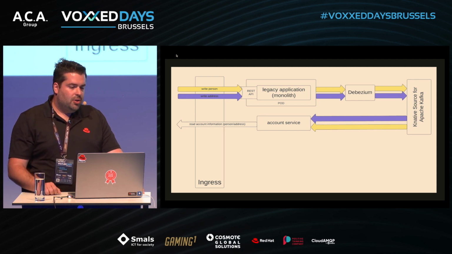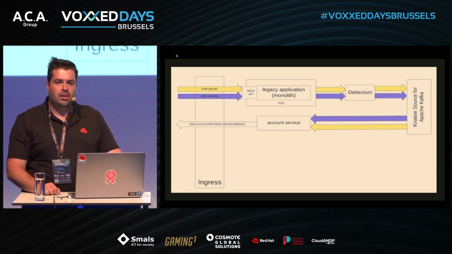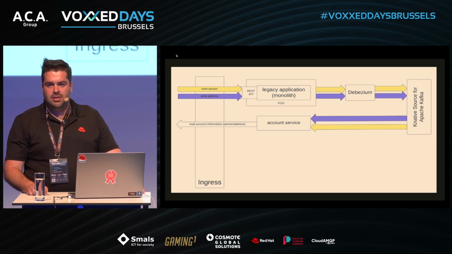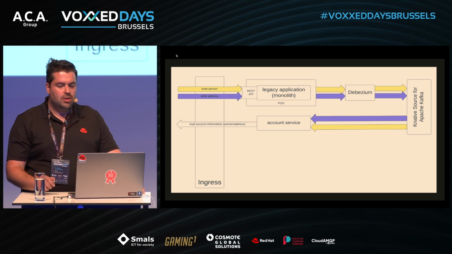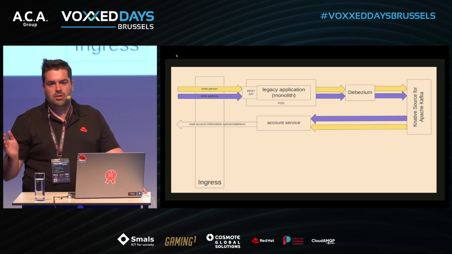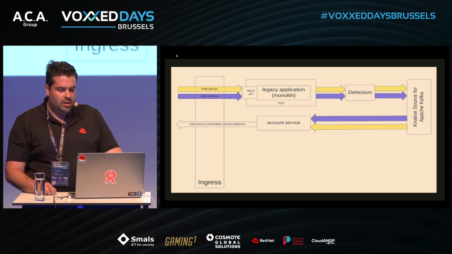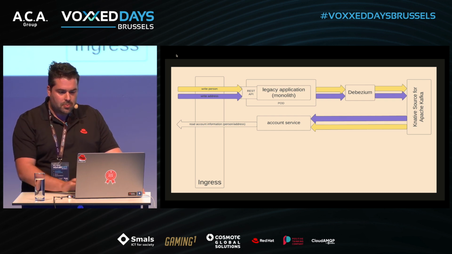The writes of person and address data are still coming in on the monolith, the legacy application, so we need to bring the databases in sync. For this, we will use decomposition, later more on this one, which sends messages to Kafka, and then the Knative source to sync will be putting data in the account service.